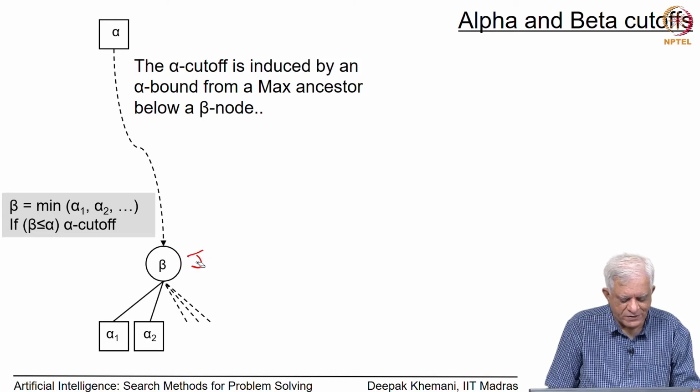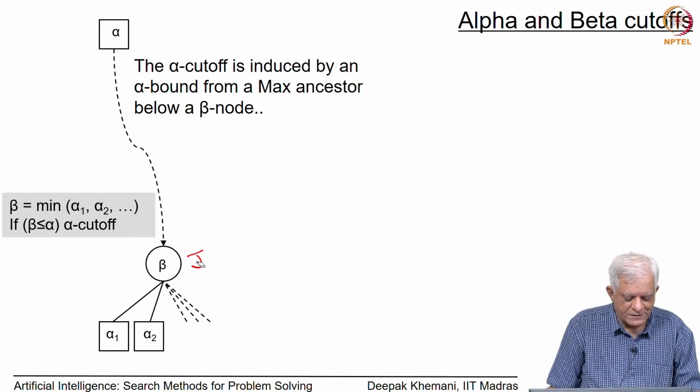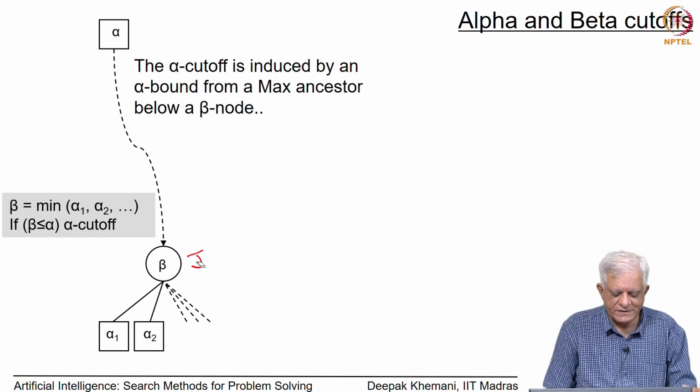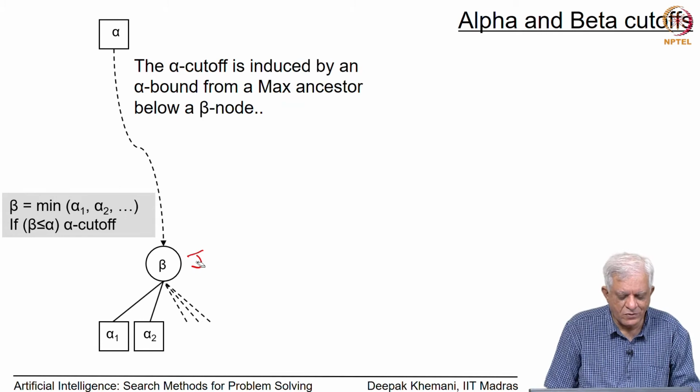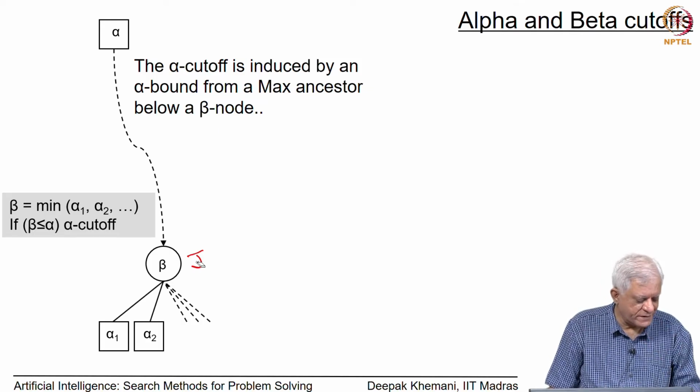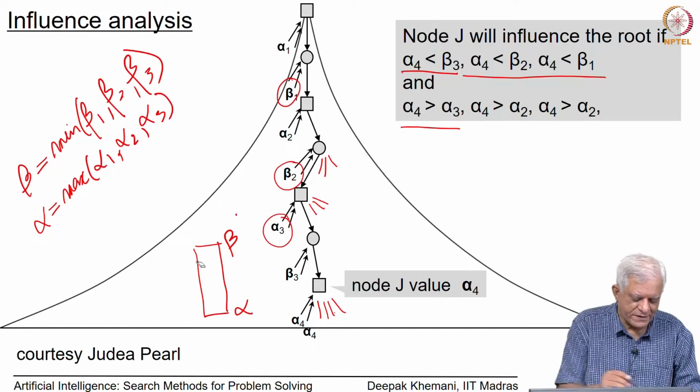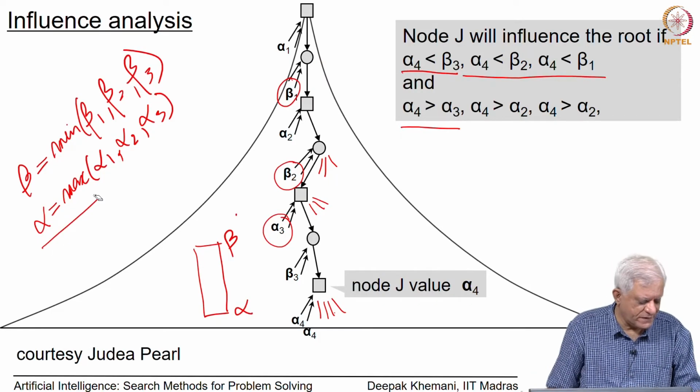The beta value that is going to be computed is going to be the smallest of the values of its children that it is exploring, and the alpha is some max ancestor, which is on the path to the root. It could be the root or it could be some other node on the path, and for every such max ancestor, alpha is the maximum of the values, as we discussed previously.